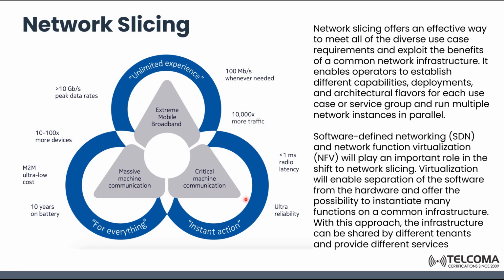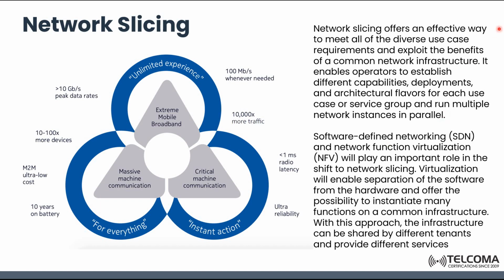We have critical machine communication where the latency requirement is very strict, less than 1 millisecond, so we need ultra reliable networks with a very low probability of errors. All this can be implemented through network slicing.